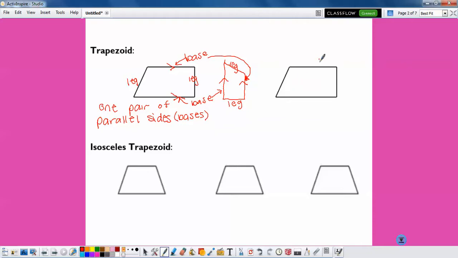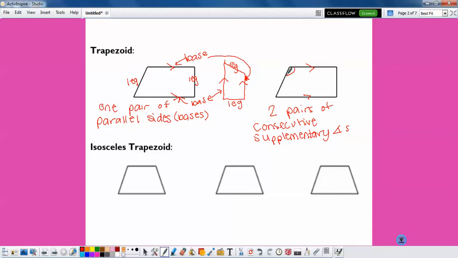As far as the angles go, mark those parallel, there are two pairs of consecutive supplementary angles, and they're going to go from one base to another.